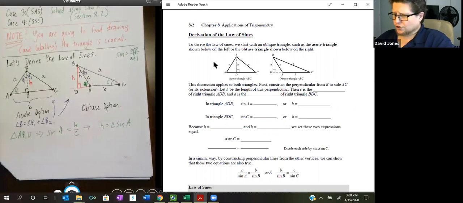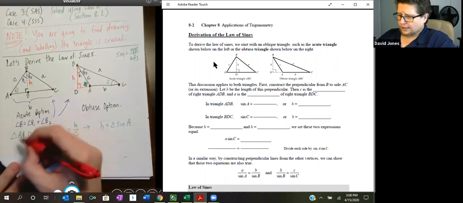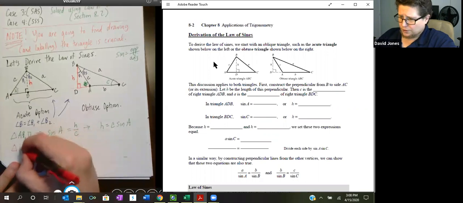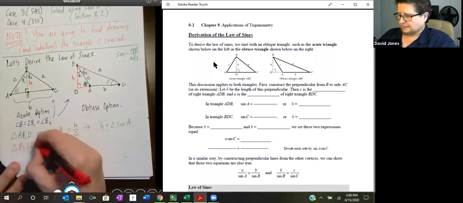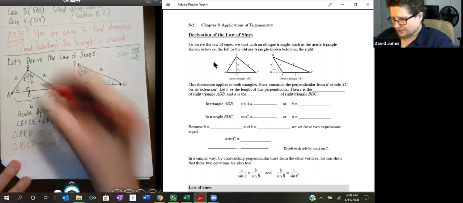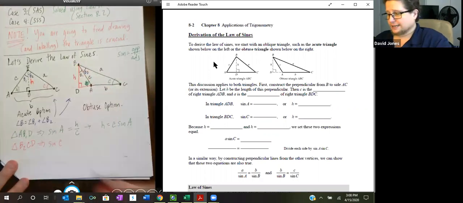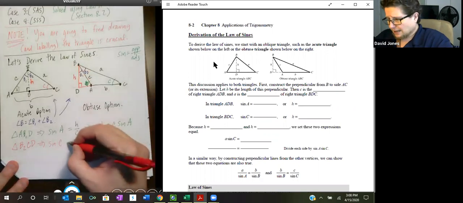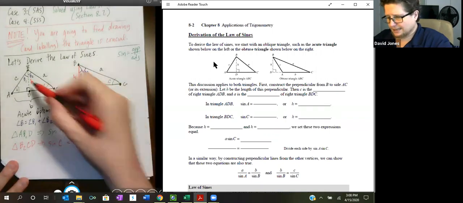Now we'll look at the other triangle. Let's look at triangle B2, CD. And what's the sine of C equal? Let's just focus on this triangle right now. This one's the easiest one to see. The opposite of C is h.